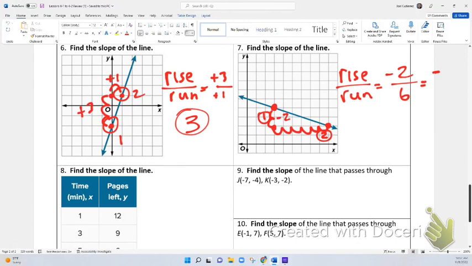And then the number that goes into 2 and 6 is what, guys? 2 goes into 2 one time. 2 goes into 6 3 times. So then my slope for number 7 is negative 1 over 3. So that means every time I go down 1, I go to the right 3. Down 1 to the right 3.